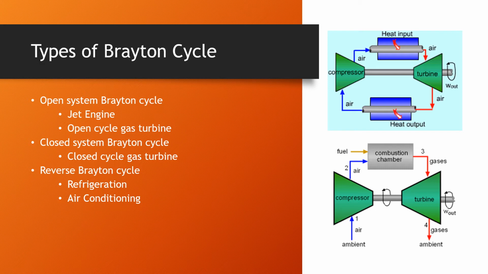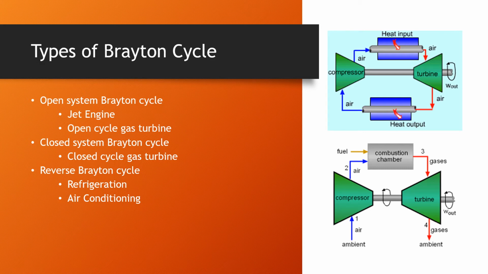A reverse Brayton cycle is basically a closed Brayton cycle that works in reverse. Instead of using high temperature fluid to generate work, you'd be going in reverse from the turbine.